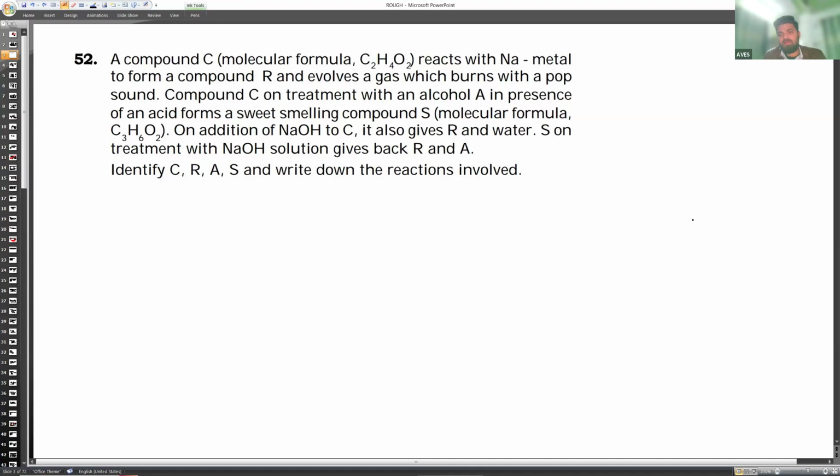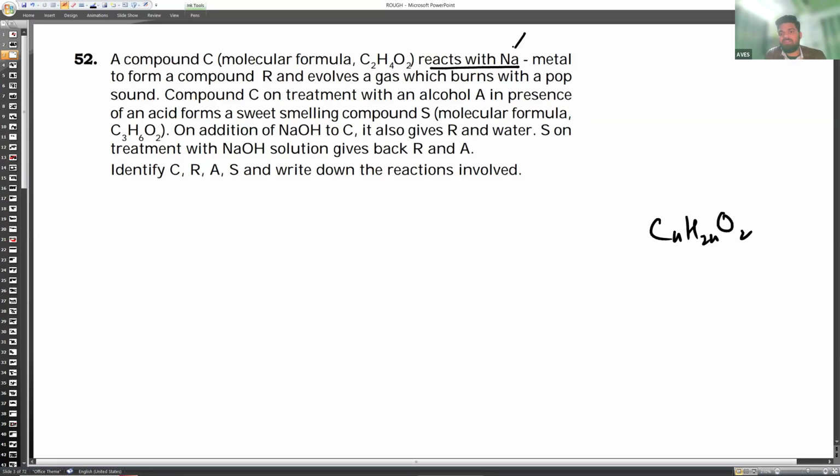Generally we have RCOOR, at least 1 carbon here, but it's okay if it is hydrogen. So it can be a carboxylic acid and an ester also. But here the general formula CnH2nO2 is for both carboxylic acid as well as ester.